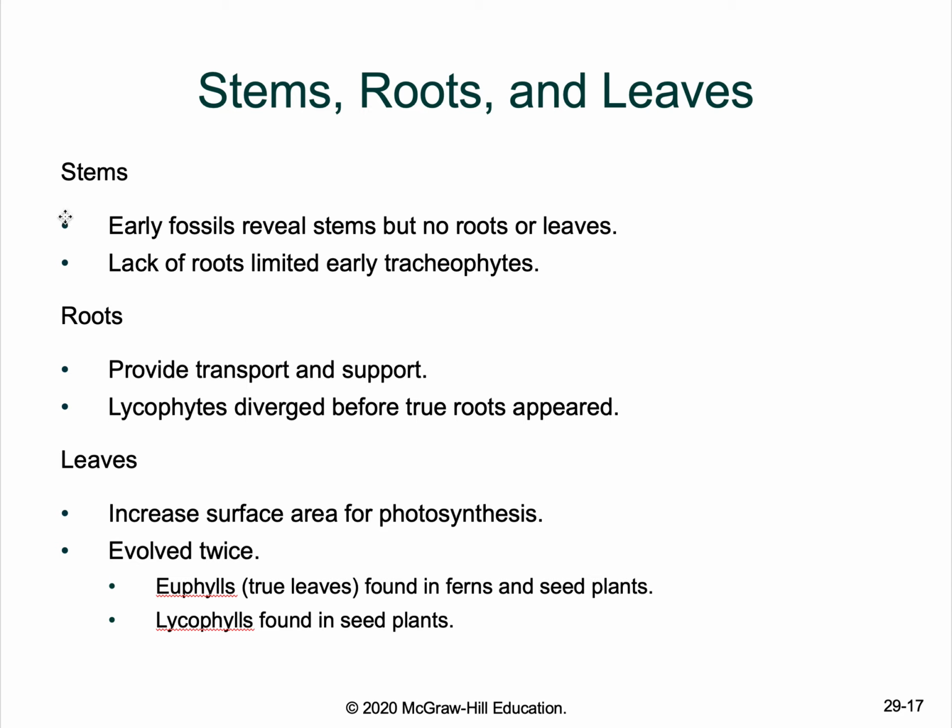So here they mention the stems, the roots, and the leaves. I think we know what stems and roots do, but leaves kind of get left out. So we mentioned that leaves help with photosynthesis, and when you have a really big leaf, it kind of acts like a solar panel. So the bigger the leaf, the more surface area you have for photosynthesis.